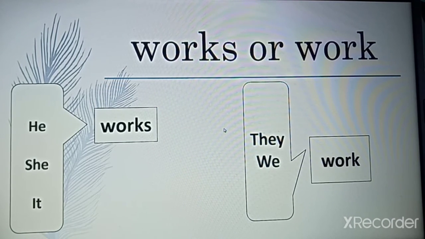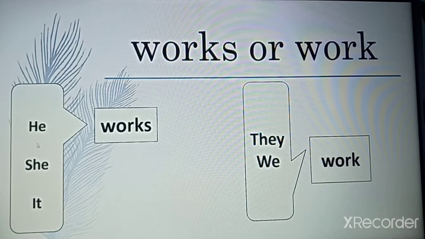While works uses singular person, he, she, it. So he works at blank. She works at blank. It works. Again, works is for singular person, work is for plural person.